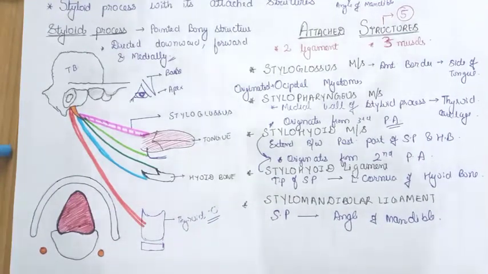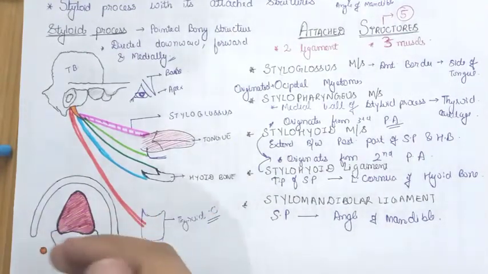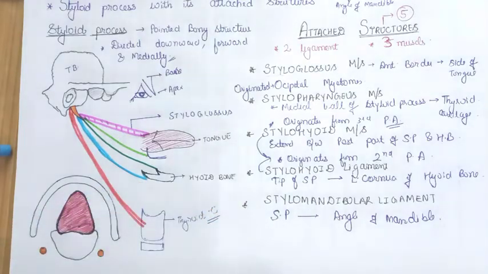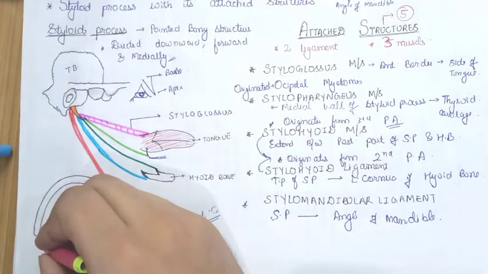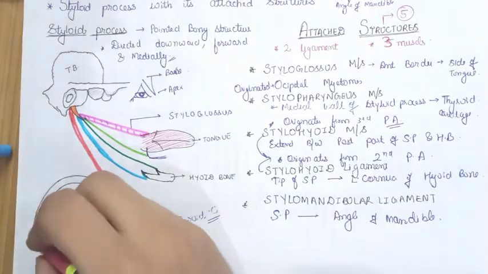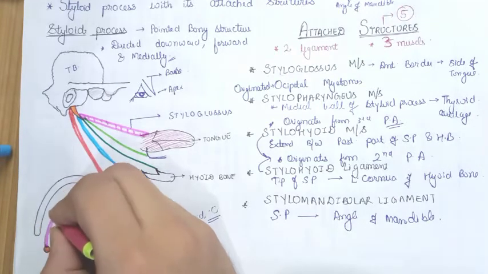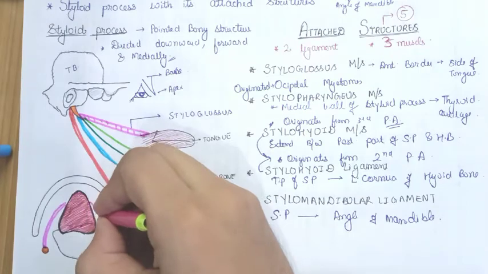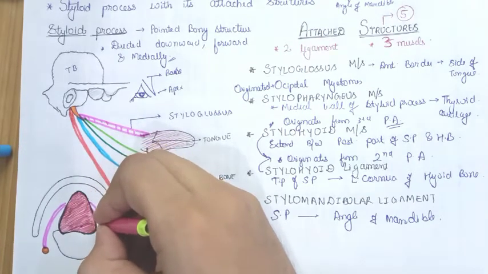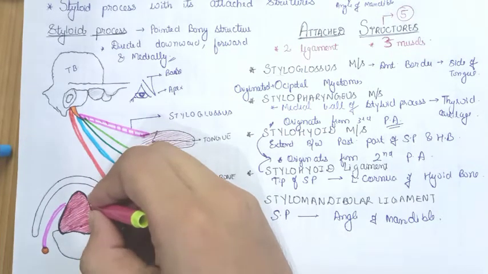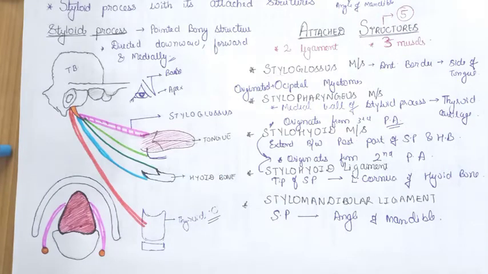We are able to see some of the structures from above, and this appears like the reins of a chariot. So this is the styloid process, and this muscle is the pink colored styloglossus on both sides, attached to the sides of the tongue.